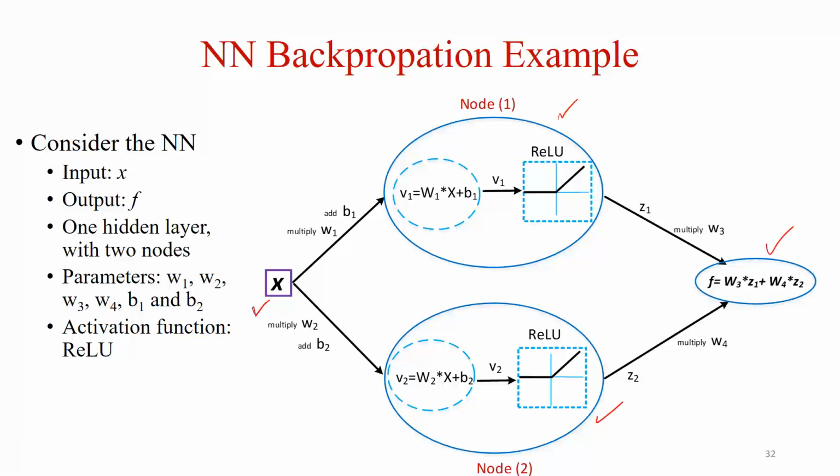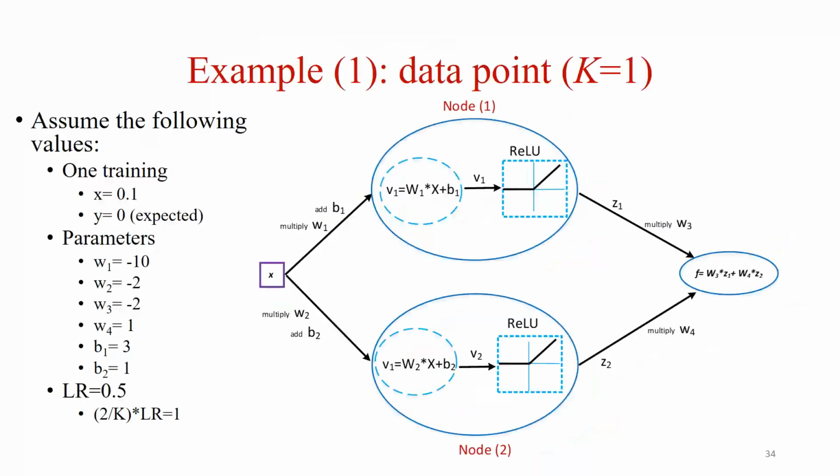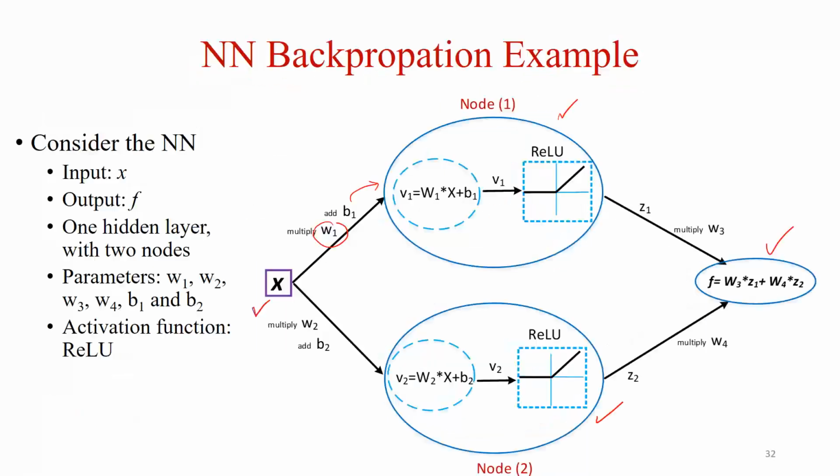I have these weights, W1, and a bias for this node, and a weight W2 and a bias for this node.